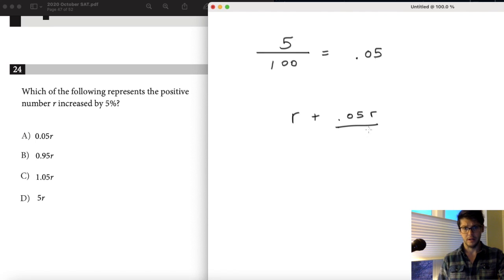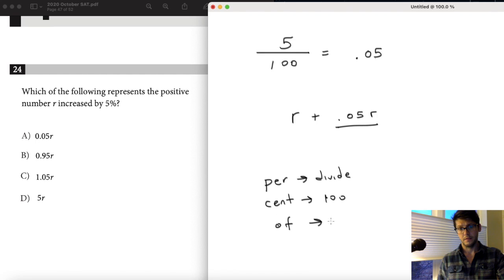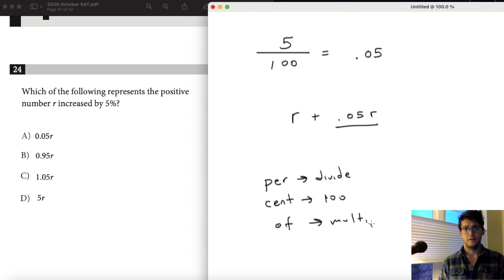So to be clear, per means divide. Cent means 100. And in these situations, the word of means multiply. So if I say 5% of r, that's 5 over 100 times r.